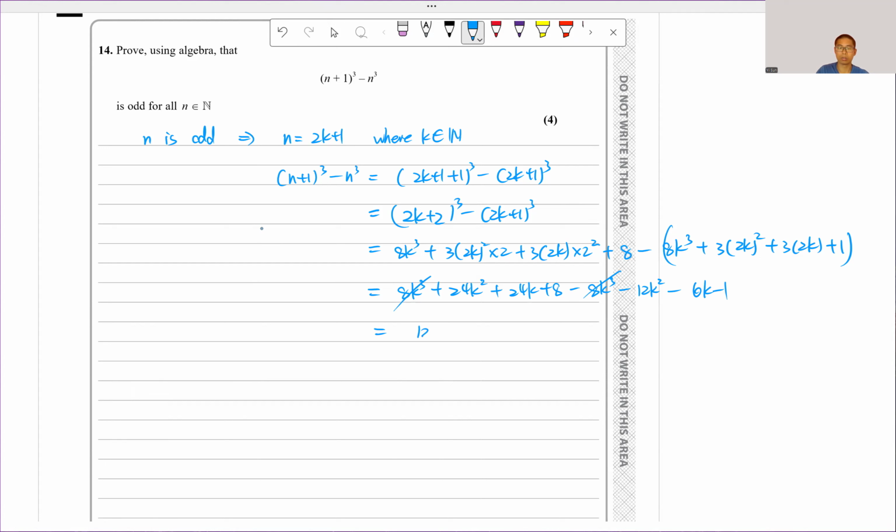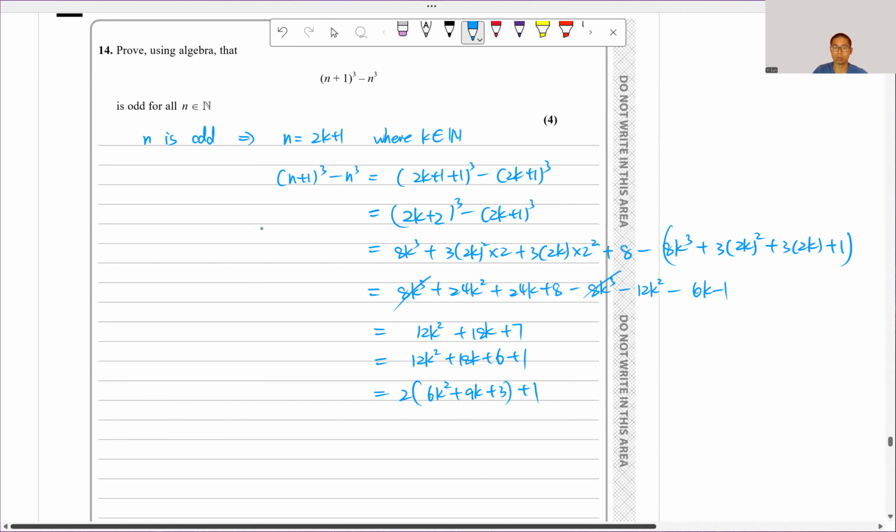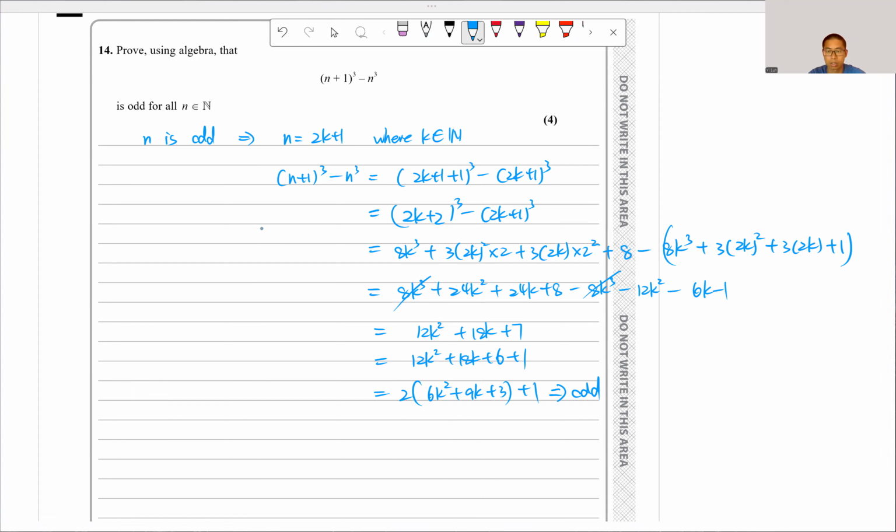Then we have 12k squared plus 18k plus 7, which is the same as 12k squared plus 18k plus 6 plus 1. Then factorize out 2, we have 2 times (6k squared plus 9k plus 3) plus 1, which we know is odd, because anything times 2 is even, and even plus 1 will give us odd.